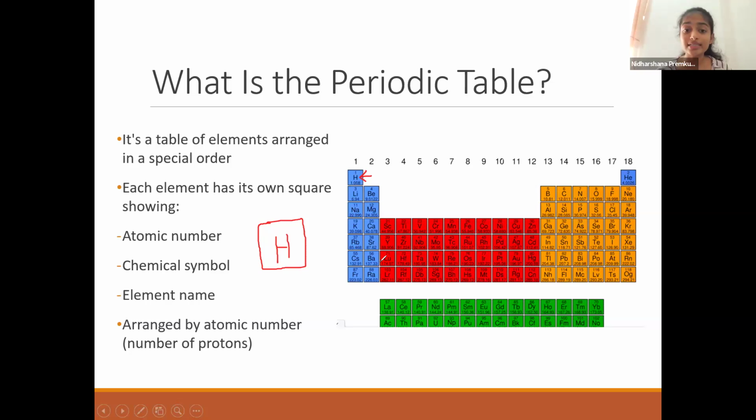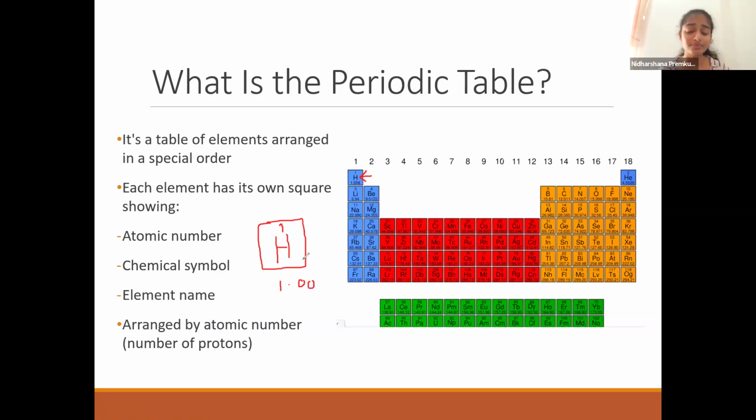Hydrogen has the chemical symbol capital H and it has the atomic number 1. And you can see here the number below, it's 1.006. You don't have to pay much attention to that for your level right now, but for your information, it's the relative atomic mass number of this particular element.